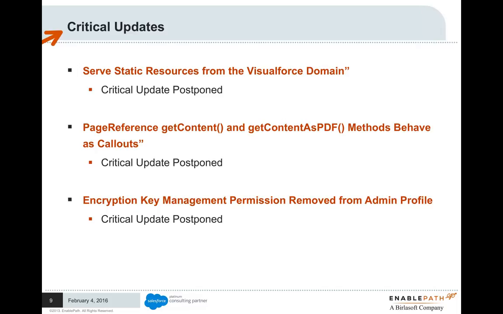Similarly, if you're using getContent and getContentAsPDF methods to generate usually either CSV files or PDF files as a result of a button click or a trigger fire, it's a good idea to go through and look at how you're doing that. Not only because of this critical update, but also because there have been some changes to how those PDFs are rendered. And you might actually have more favorable Salesforce limits as a result of some changes happening in Spring 16. So read the release notes on that.